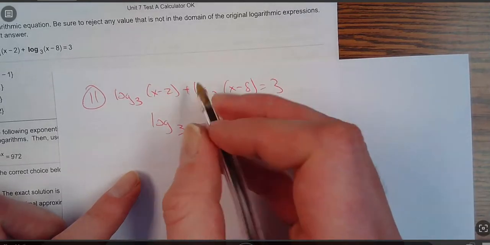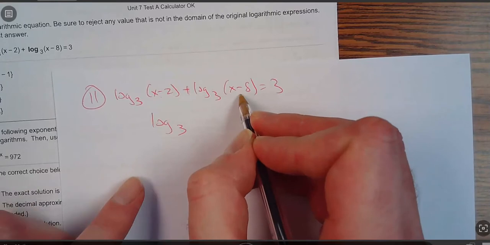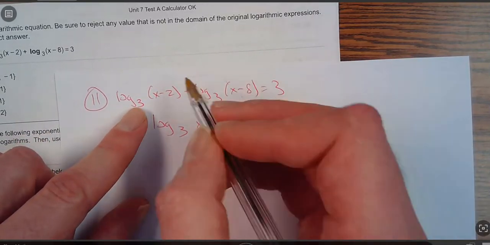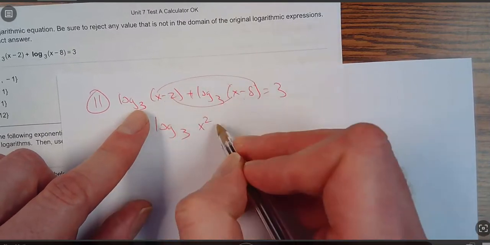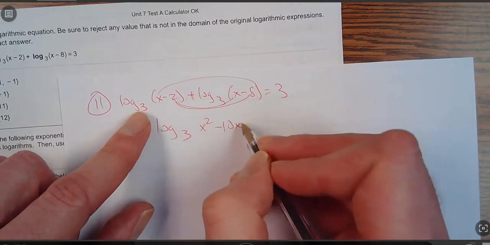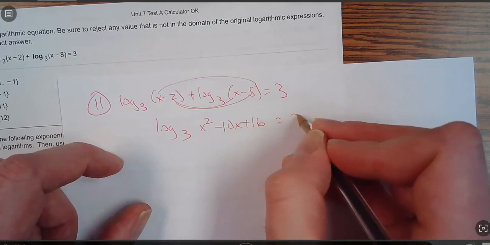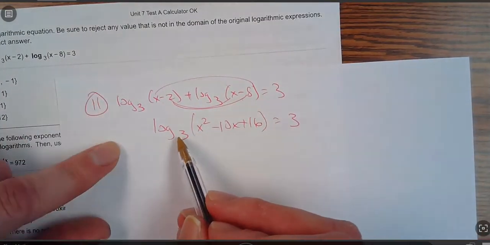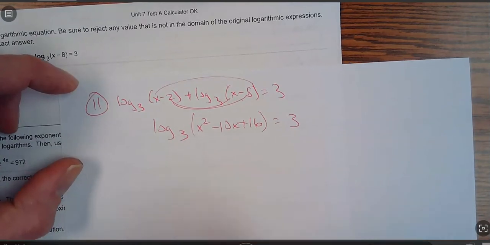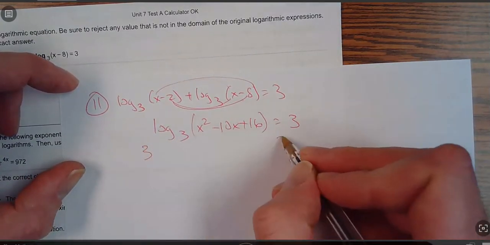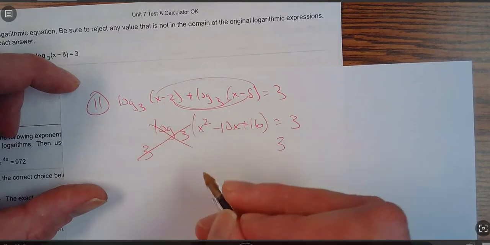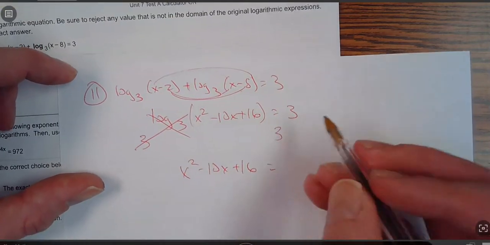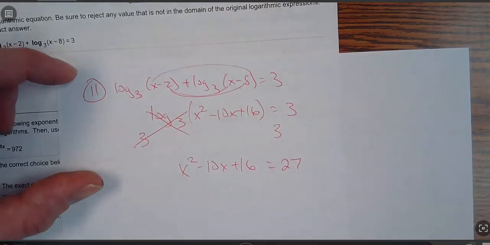So if I have x minus 2 times x minus 8, I'm going to FOIL those. So x times x is x squared, minus 8x minus 2x is minus 10x, plus 16 equals 3. Now, to get rid of that log base 3, use a base of 3. So I'm going to take 3 to this power and 3 to this power. We got x squared minus 10x plus 16. 3 to the third is 27.